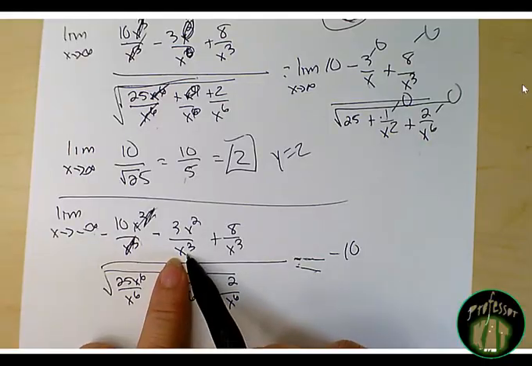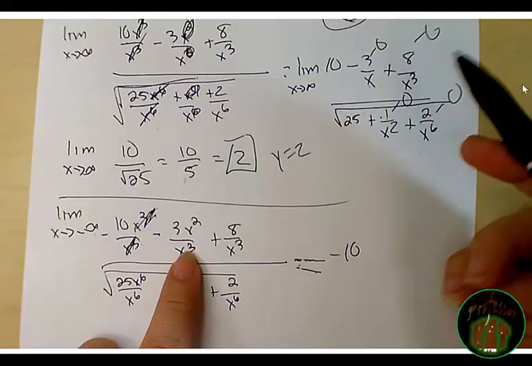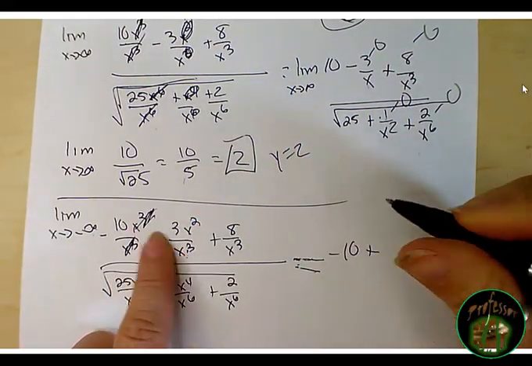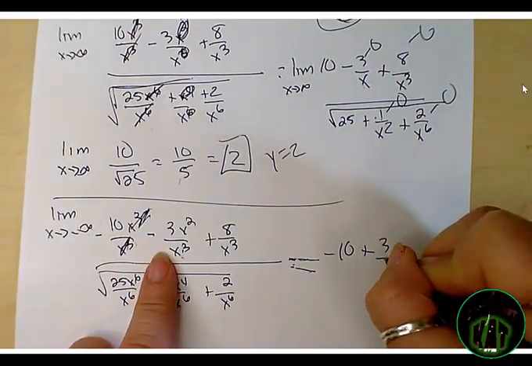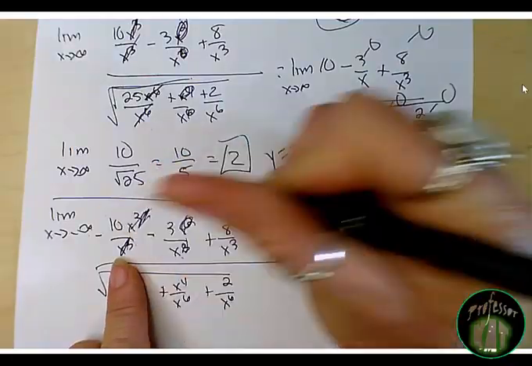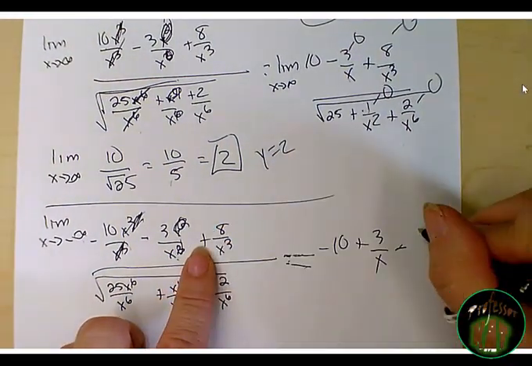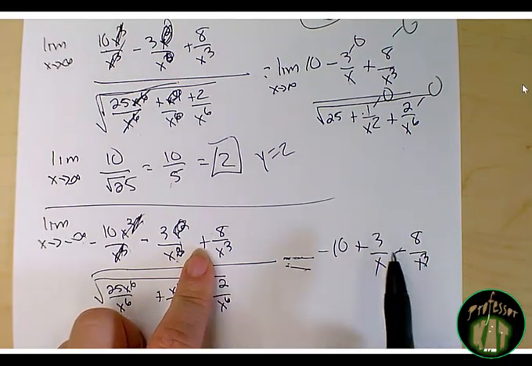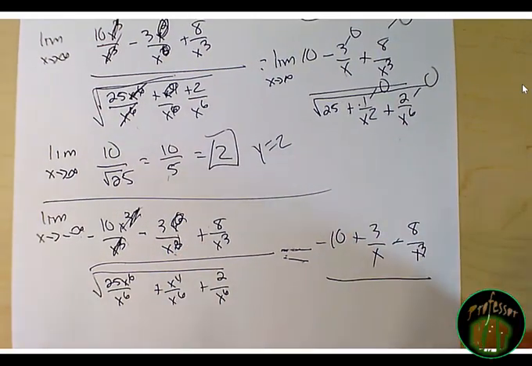Same thing here, where this number is going to be negative, because a negative times a negative times a negative is negative. So this negative times this negative is going to make our next term positive. Otherwise, that will be a positive 3 over x, since our x's do cancel here. That means this is now going to be a minus 8 over x cubed. Again, just because that x cubed, we are plugging in a negative infinity, which makes that a negative number.